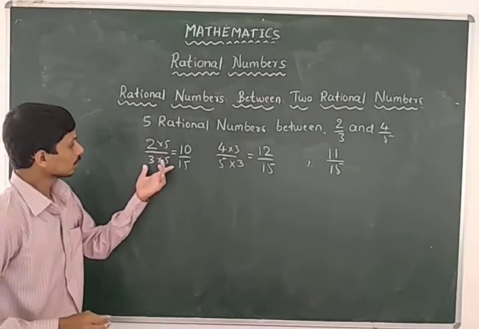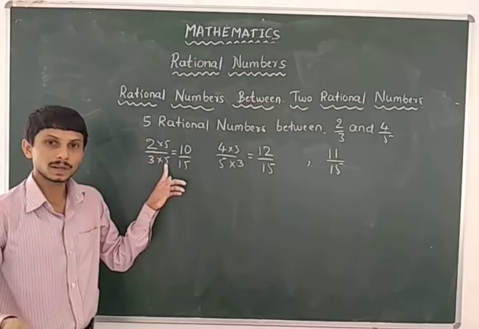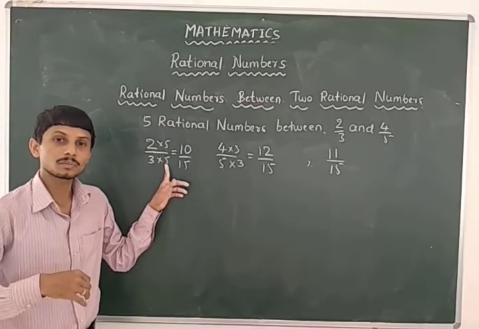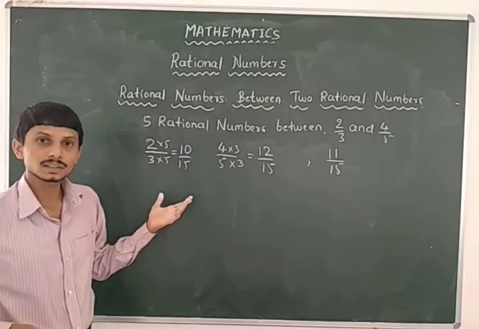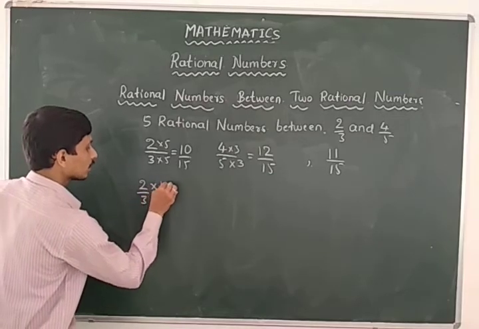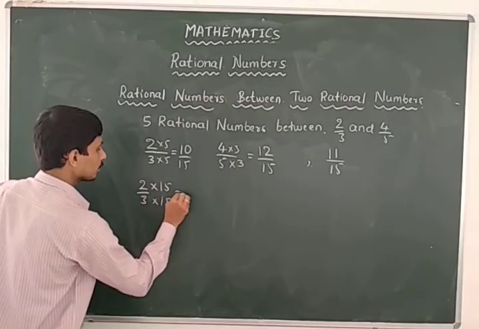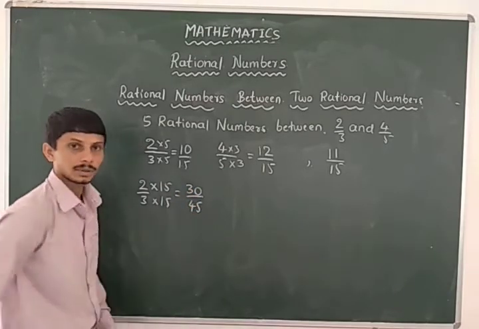So here we have to multiply with 5, then 10, then 15. So just consider 15. For 2 by 3, we multiply with 15 and get 30 by 45.